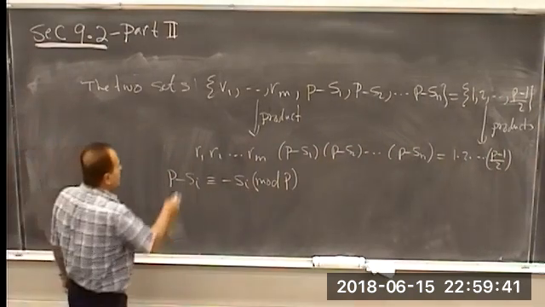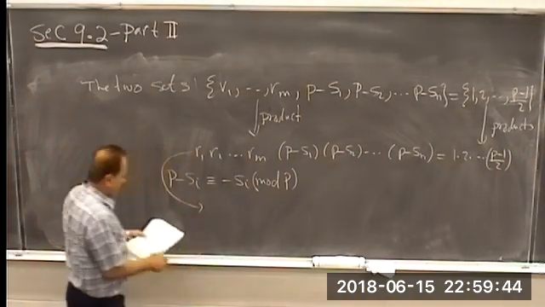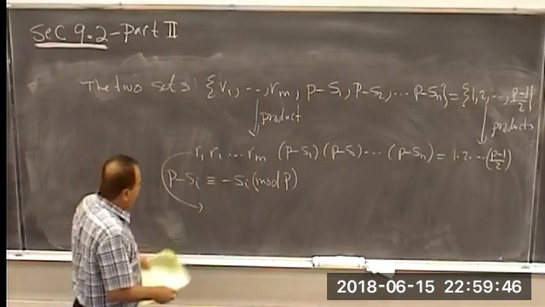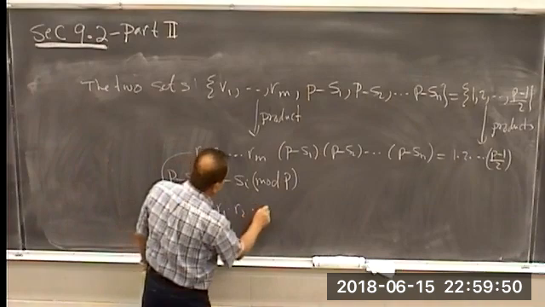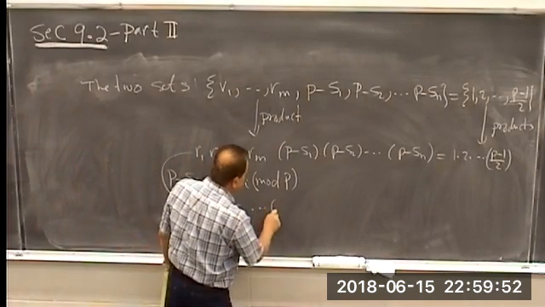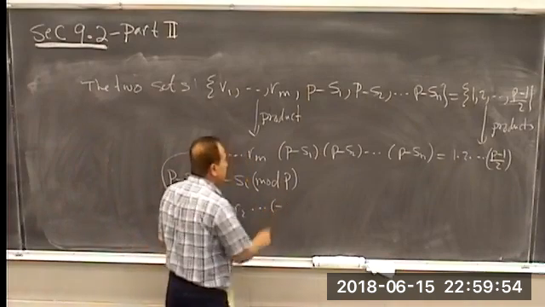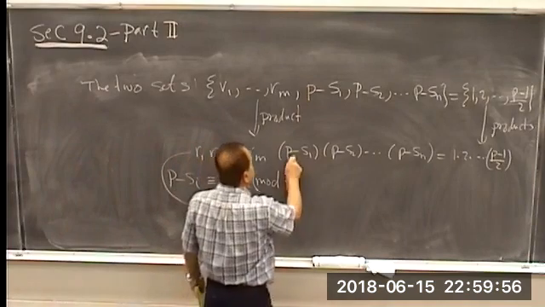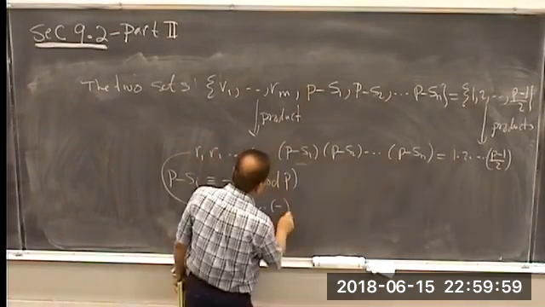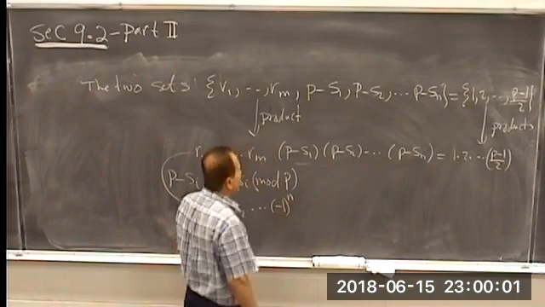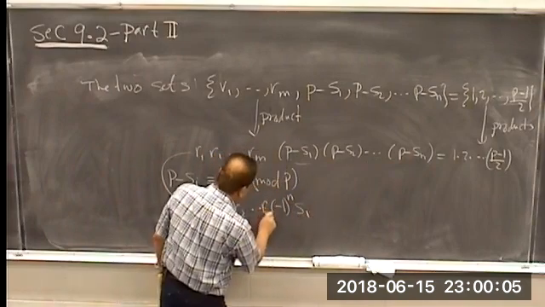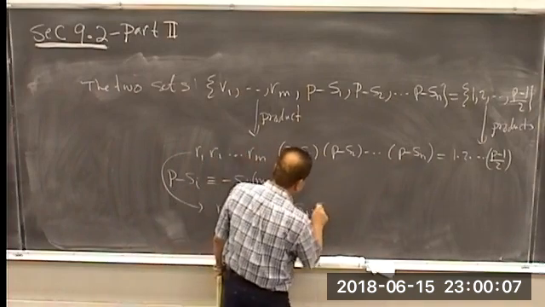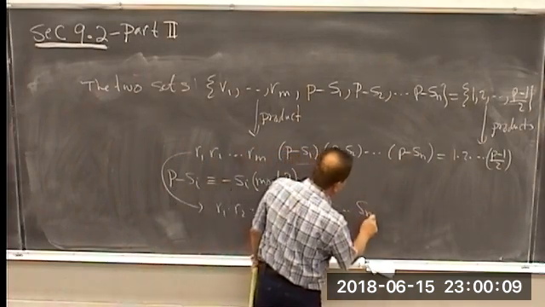So then we can write this as R1, R2, up to Rm, then we have negatives, and how many negatives we have from this side is (−1)^n, then S1, S2, up to Sn.